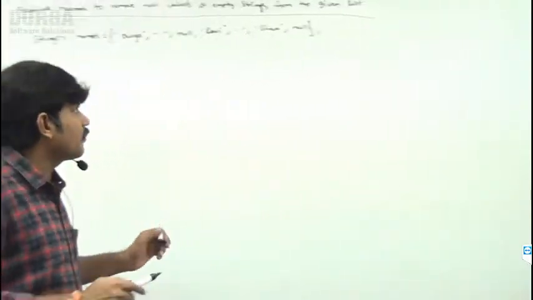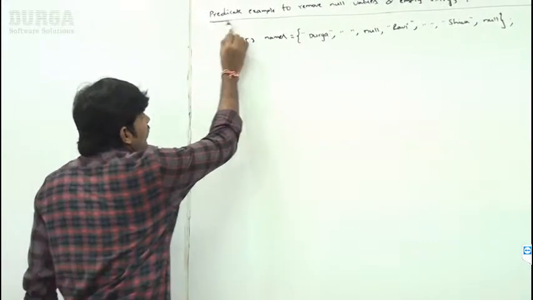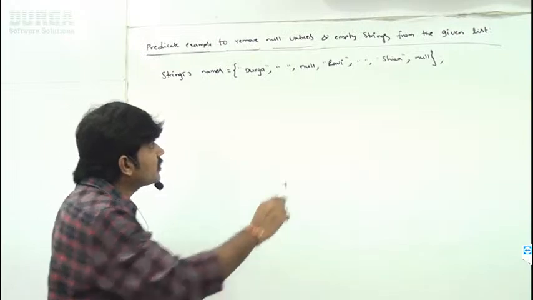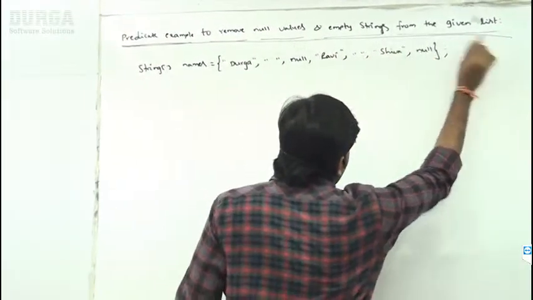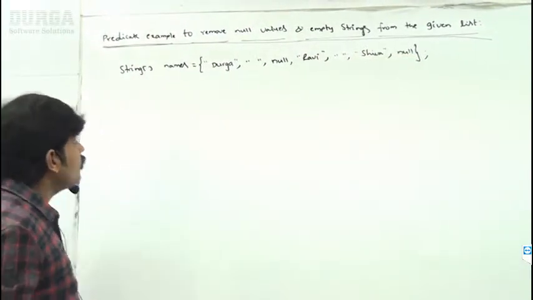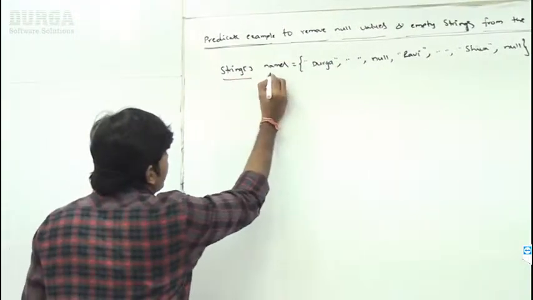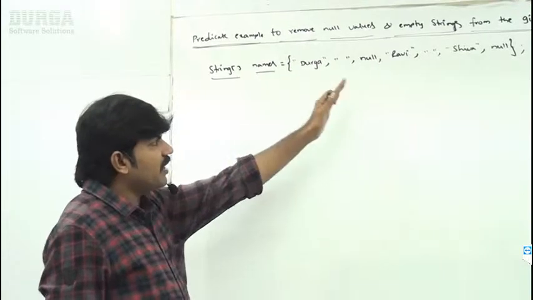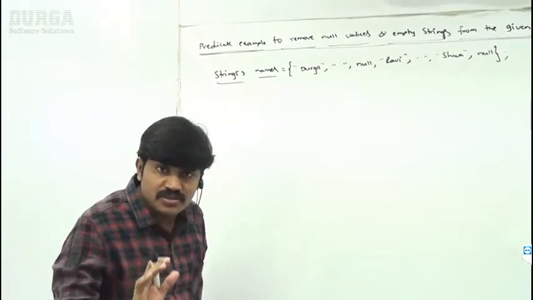Just observe, what is our program? Predicate example: I want to remove null values and empty strings from the given list. Assume this is my input array. String array names is equal to, have you observed there are multiple values in this string array?